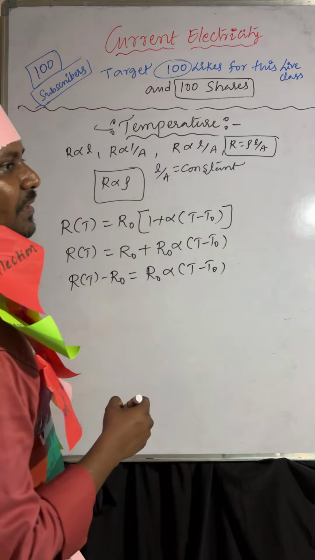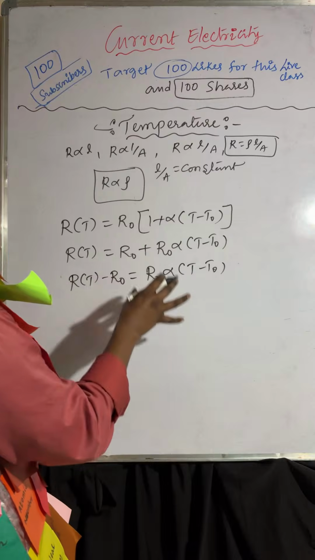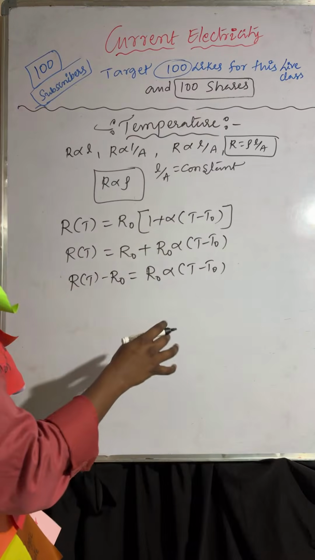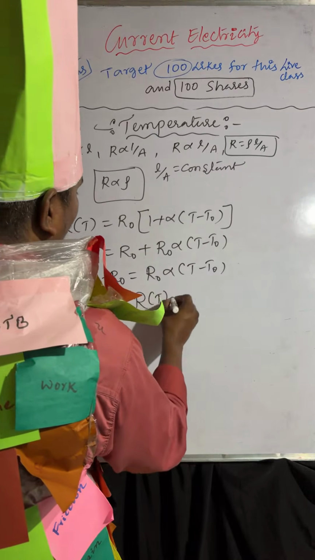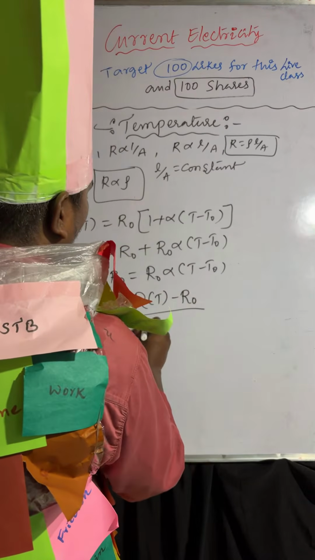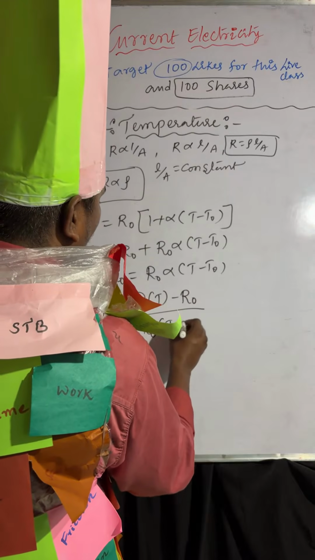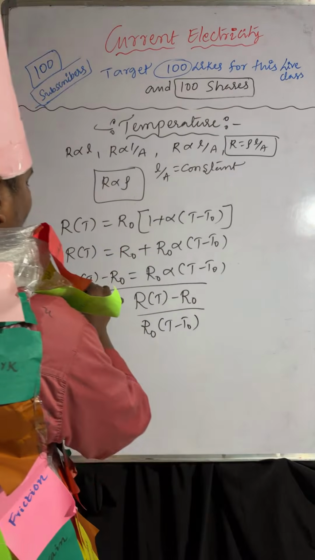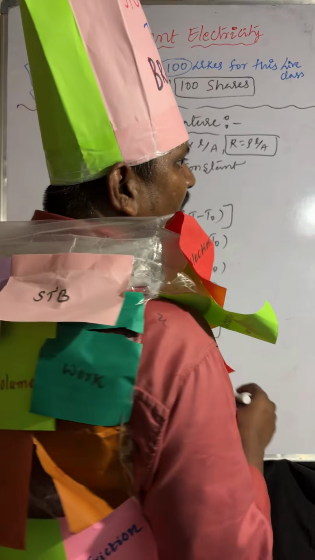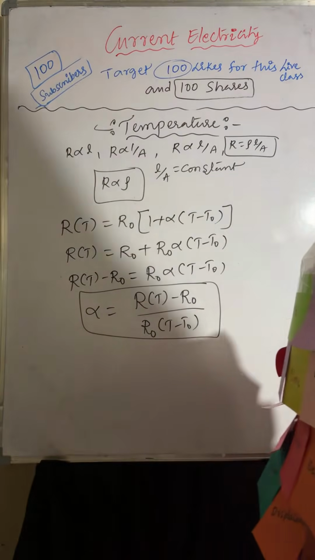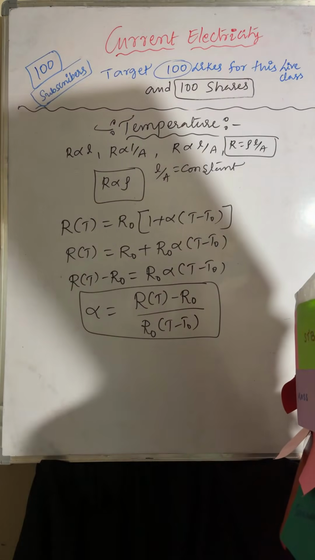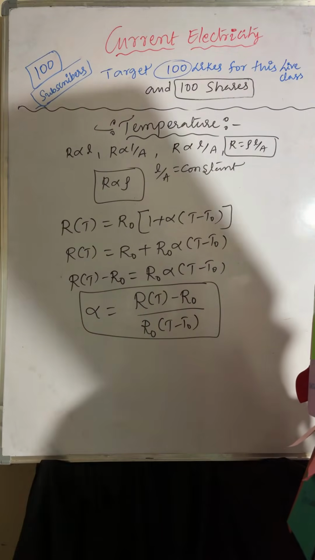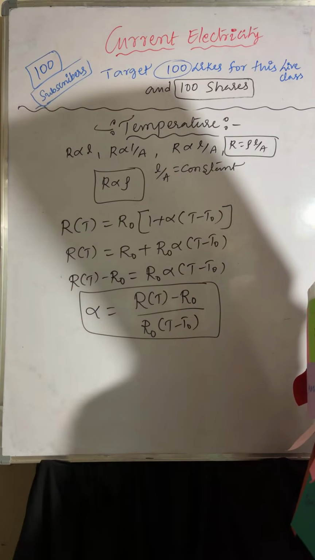Sir, what is alpha? Alpha is nothing but temperature coefficient of resistance. Alpha equal to R T minus R naught by R naught into T minus T naught. What is alpha? Alpha is the temperature coefficient of resistance.